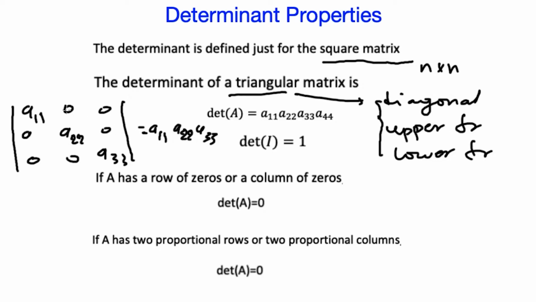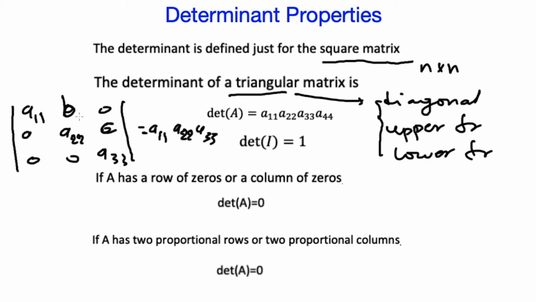And also if we have any element here, for example an upper triangular matrix with B different from 0 and here C, the determinant stays the same: a11 a22 a33. So it's always the main diagonal.